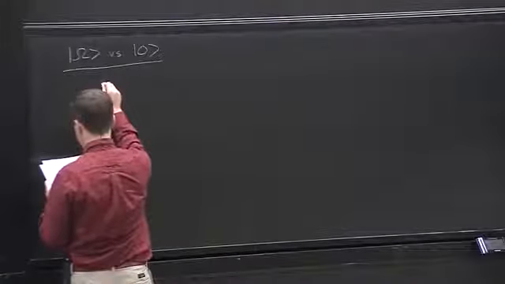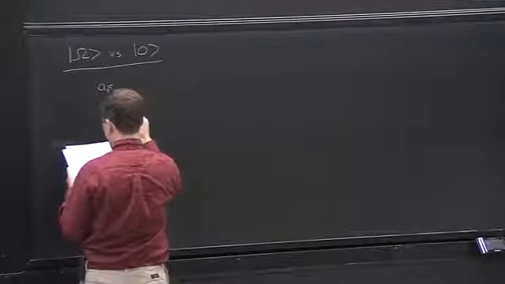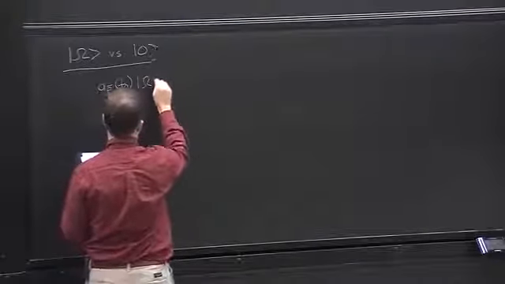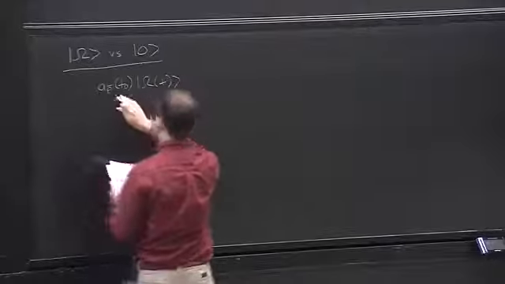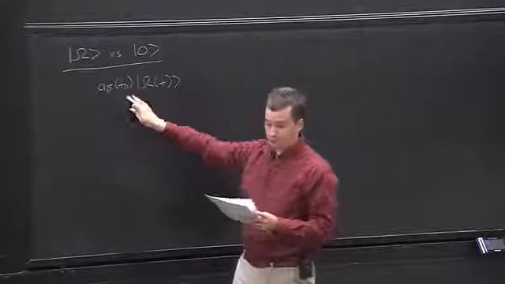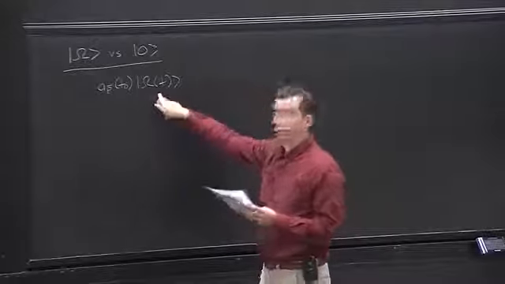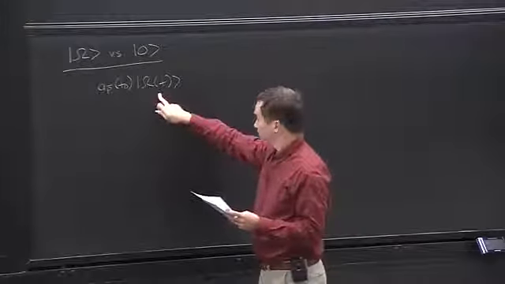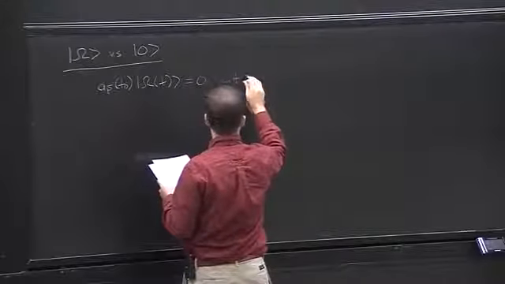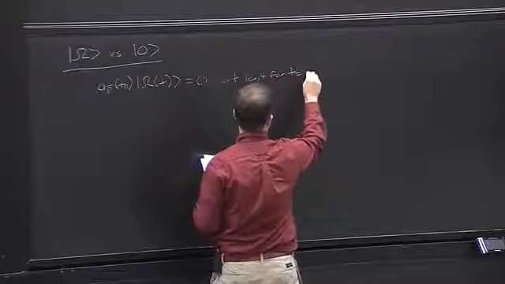So in particular, we should have that a_p at t0 acting on, here we're working in the Schrodinger picture, the Schrodinger picture vacuum, should give 0, at least for t equals plus or minus infinity.